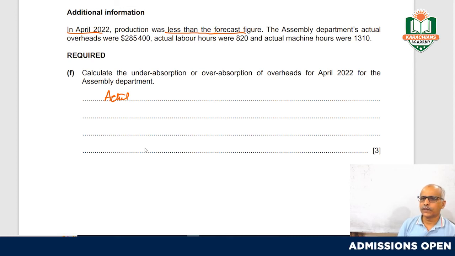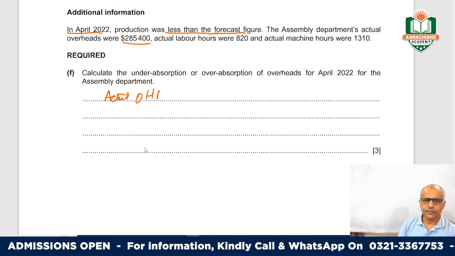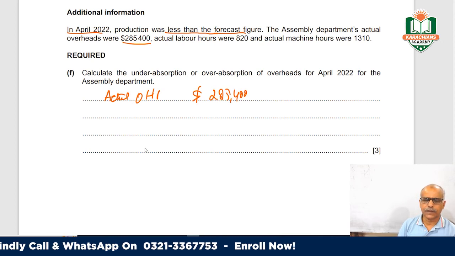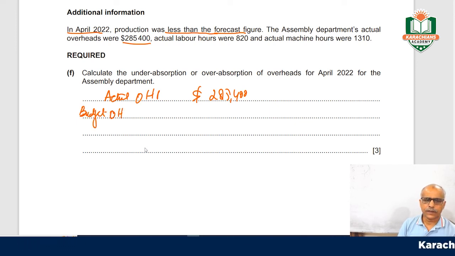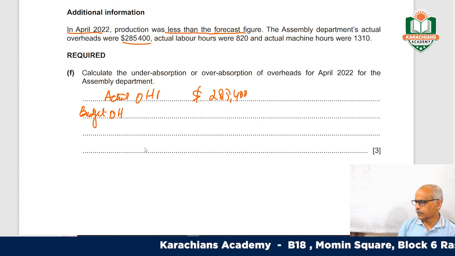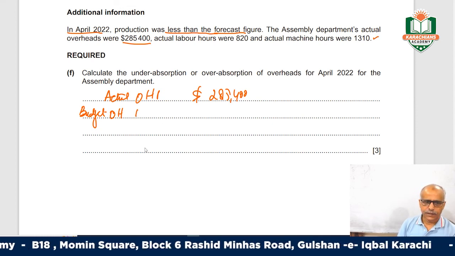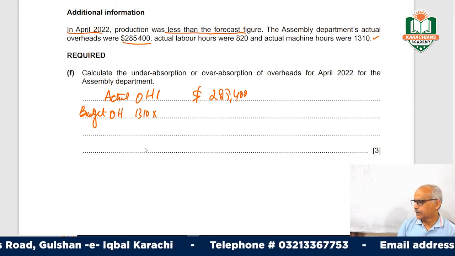The assembly department's actual overheads are $285,400, right? And if we see the budgeted overhead, it depends on how many hours it has worked. It has worked for 1310 hours. And what was the absorption rate that we have worked out?